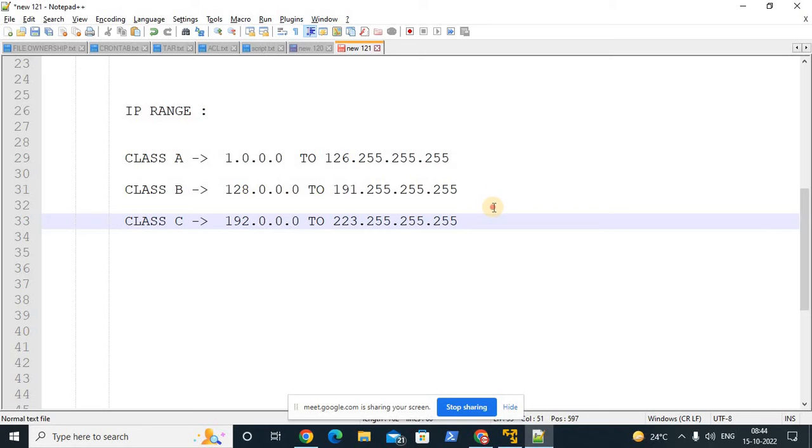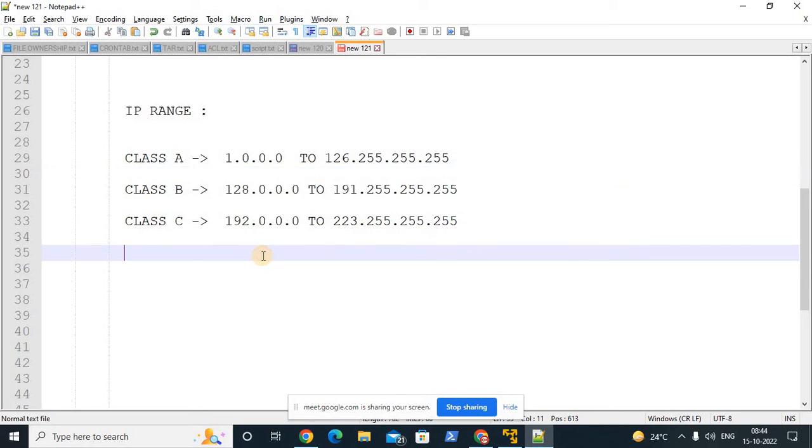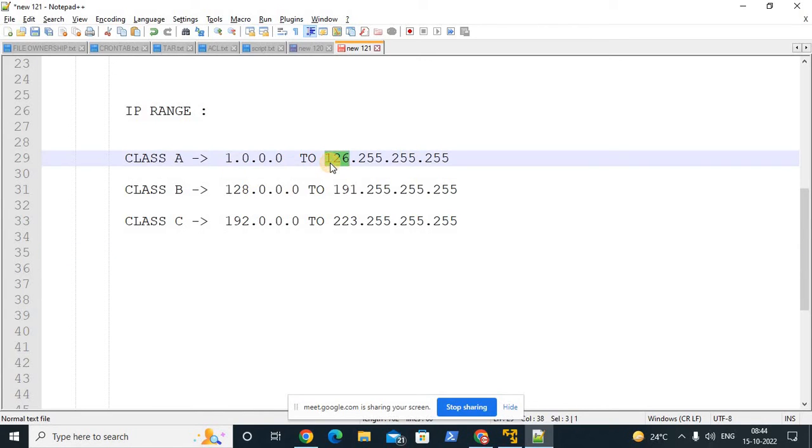This general range contains both public and private IPs. What does it mean? Whenever we use class A, it will start from 1.0.0.0 and go up to 126 in the first octet. In the other octets, the starting number is 0 and the ending number is 255.